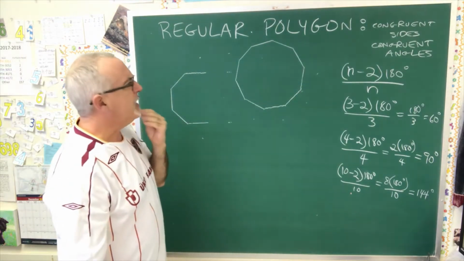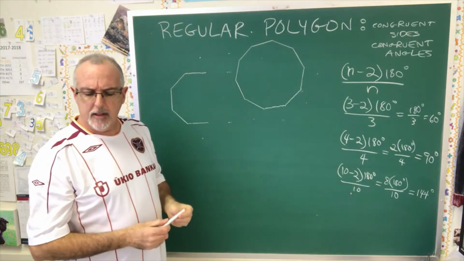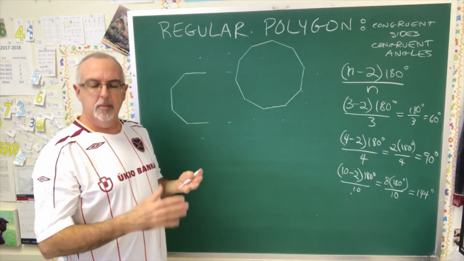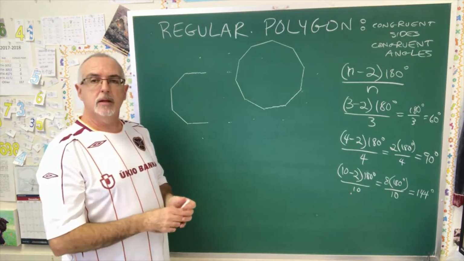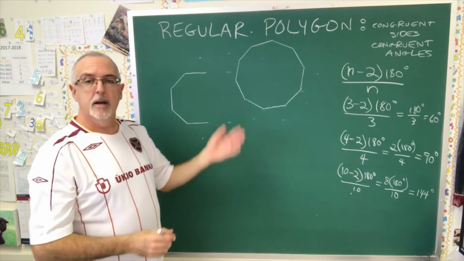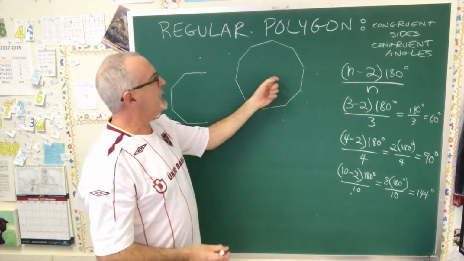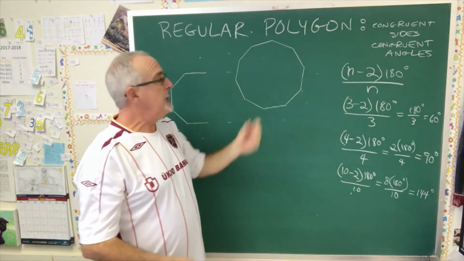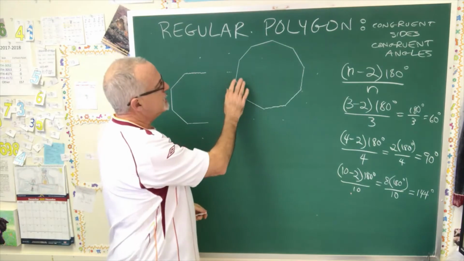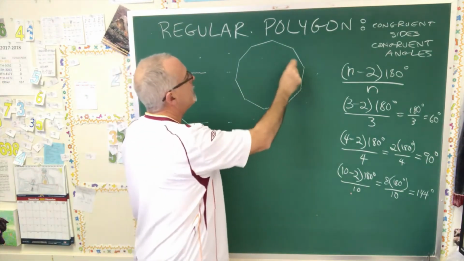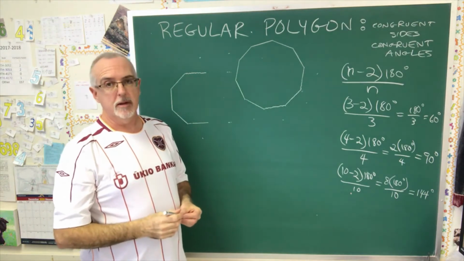Now when we're drawing things in a math test for marks, most of the exams that I correct allow a plus or minus 2 degree margin of error on angles and a plus or minus 2 millimeter margin of error on side lengths. This would get quite a high mark, but it would not get a perfect mark because as I constructed it, I started here and worked my way around, and when I got to the last side, I measured it and I realized it was only 8 centimeters long.